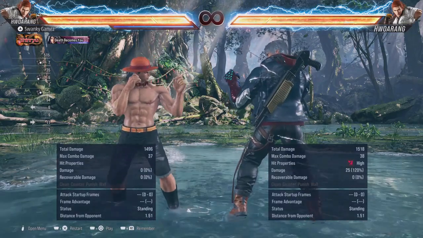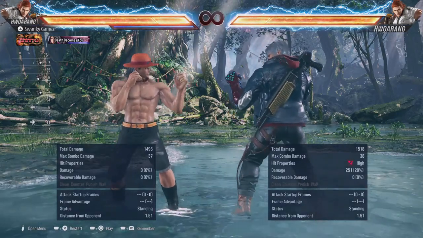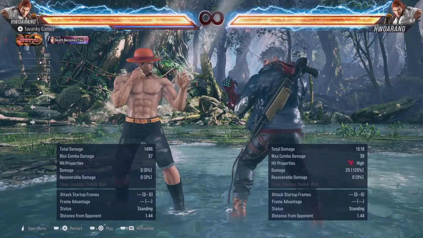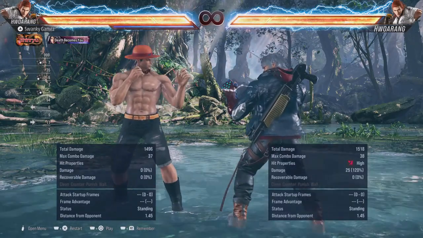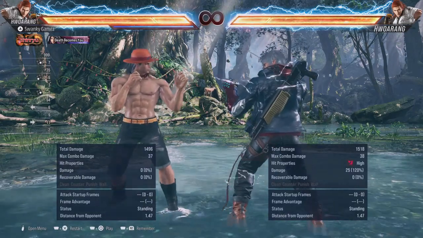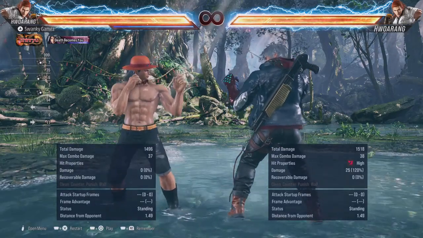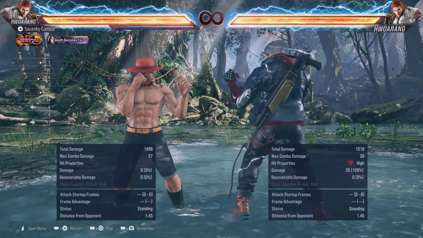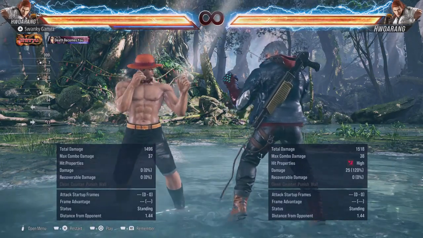But it is definitely something to keep in mind when trying to fish for certain kinds of setups. So when you're going through your character's move list and you see a move that is neutral, whether it be on block or hit, it might be worth looking at a few different types of setups in case your opponent reacts a certain type of way to that attack.